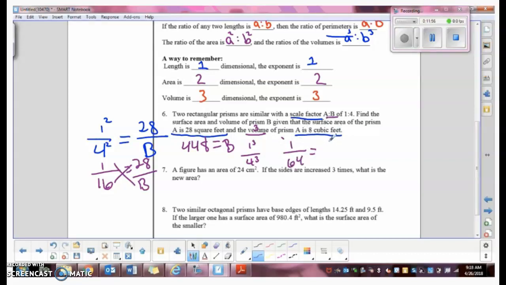That's 1 over 64 equals 8 over B cubed. So B equals 8 times 64, so that's 512. Okay?